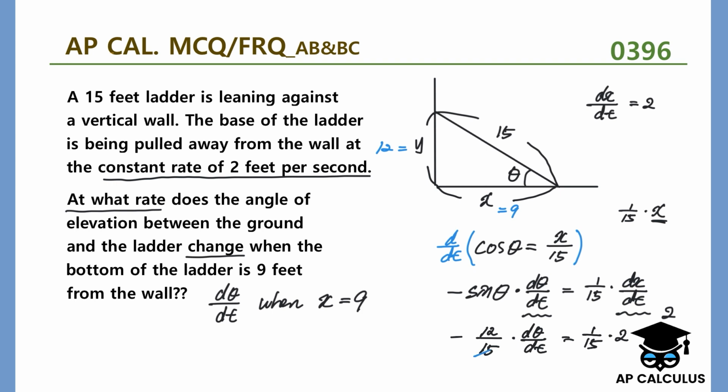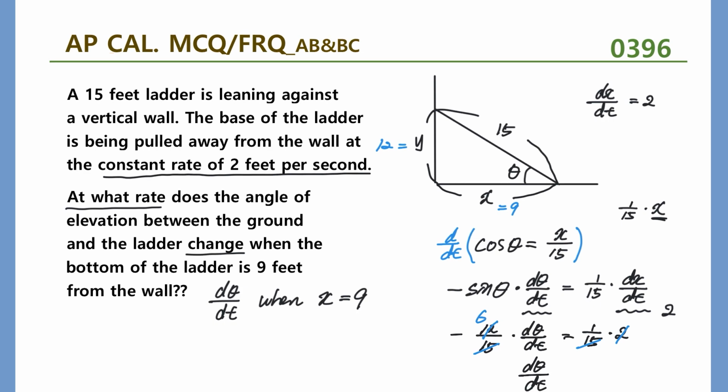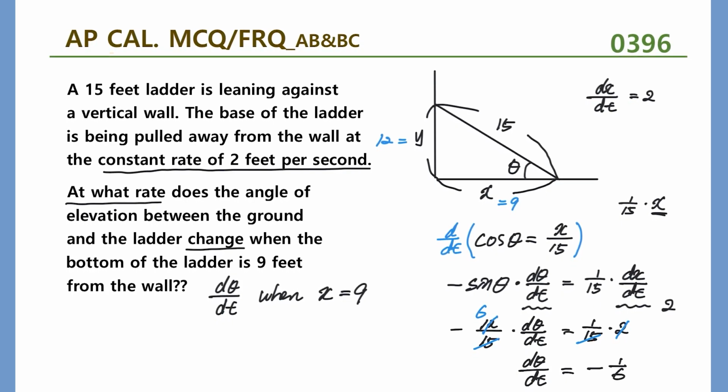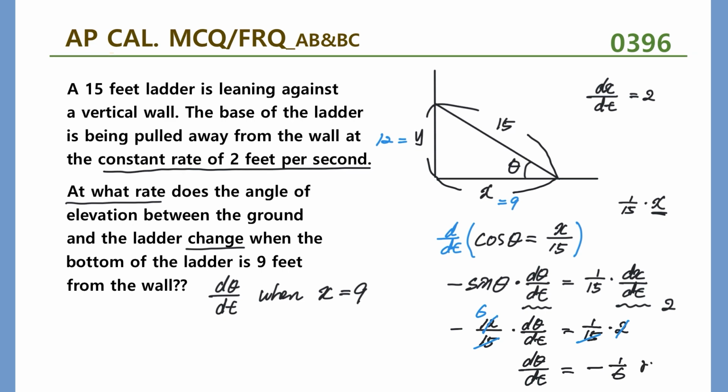So eliminate 15, divided by 2, this becomes 6 then, right? So our d theta over dt is equal to negative 1 over 6 radians per second. This is the angle, okay? So the angle is decreasing. If our derivative is negative, we must say the angle is decreasing at a rate of 1 over 6 radians per second, okay?